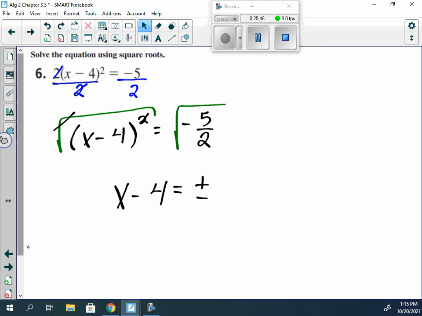Let's go on and just get the decimal version for this here. If you have a calculator, go on and type that in, see what you get.